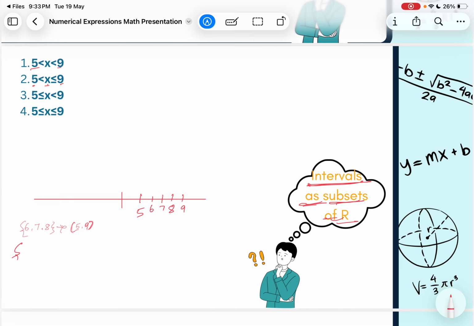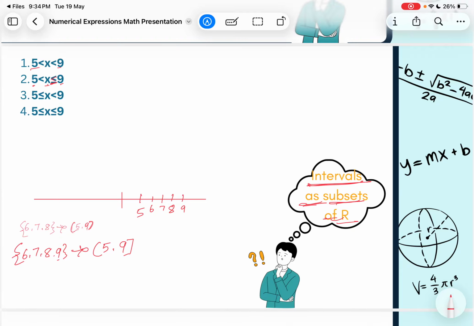It means the elements in the set will be 6, 7, 8 and 9. Why have we included 9? Because here the symbol is less than or equal to, meaning x is less than or equal to 9, so 9 will be included. So 5 is not included, and we will make open 5 comma 9 with a square bracket, because 9 is included.